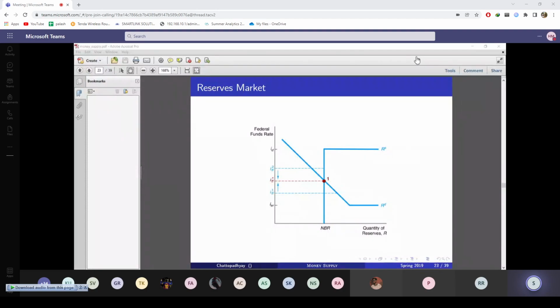You have to keep it. That's the rule. But if you keep above that amount in the US from 2007-2008 onwards, they are actually giving you some interest. So the commercial bank is earning some interest. That is why it is interest on excess reserves.